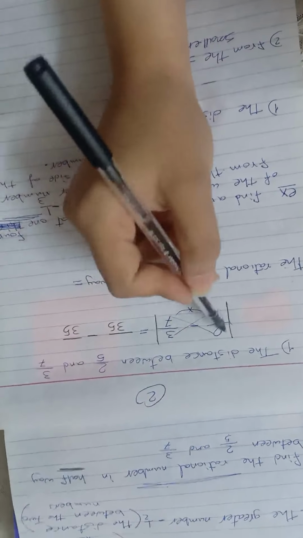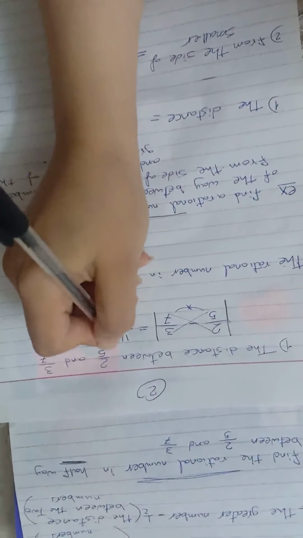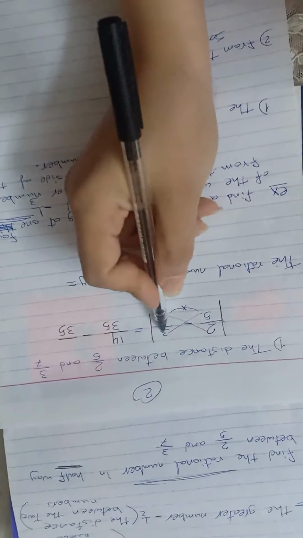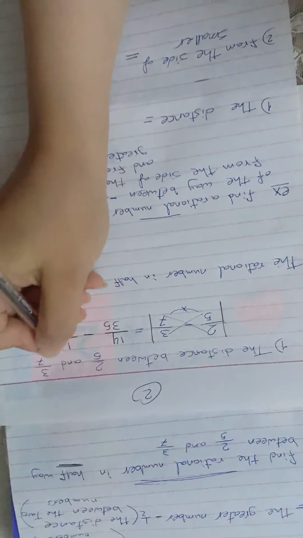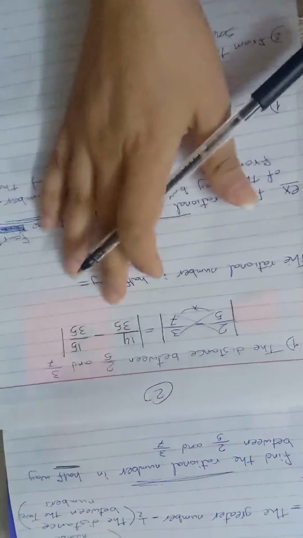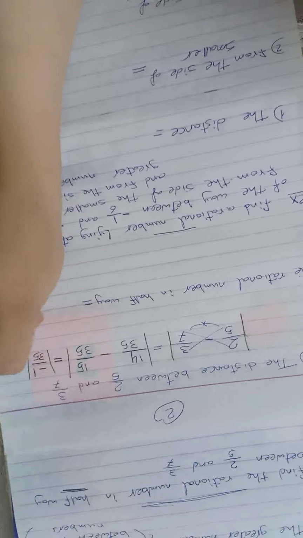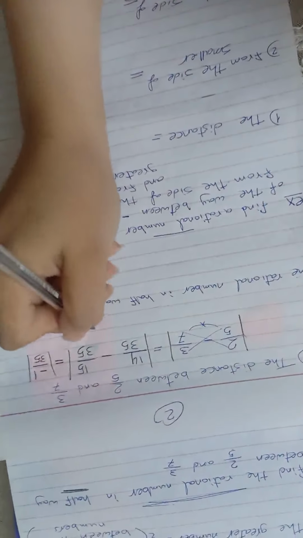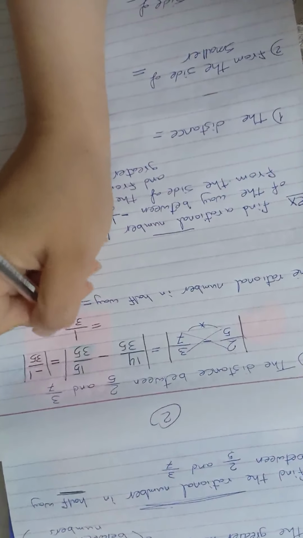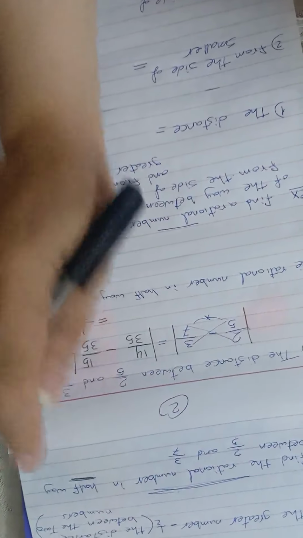By crossing, 2 by 7 equals 14, so write in this fraction 14. 5 by 3 equals 15, so write in this fraction 15. Find the difference in absolute value. We get negative 1 over 35 with absolute value, so the distance between them equals 1 over 35. This is the distance. We don't have the number in halfway yet.